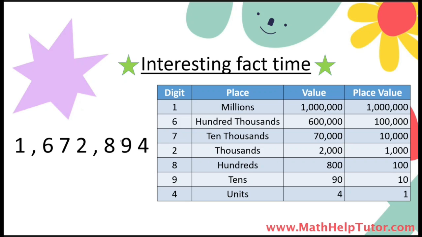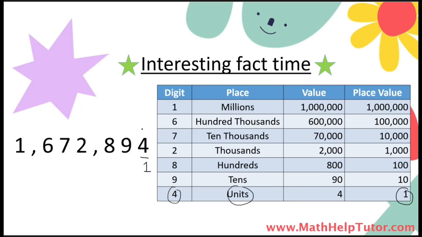So let's look at some digits, for example. The digit 4 is in the ones place, the units place. It has a place value of 1.